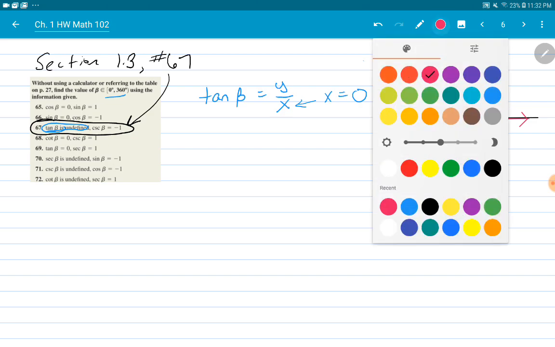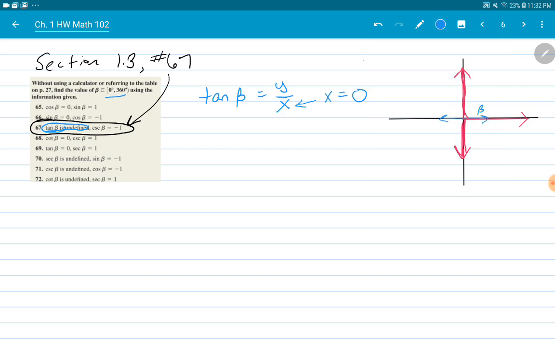So beta is either this little angle going from the initial ray to the terminal ray, or starting at the initial ray and going all the way to this terminal ray. So it's either 90 degrees or 270 degrees.